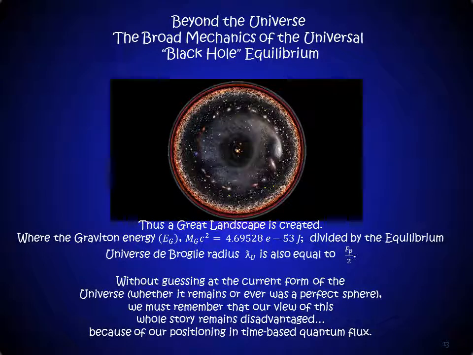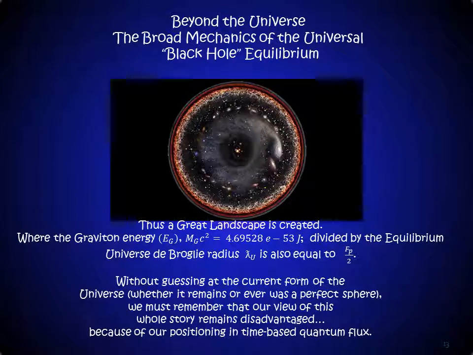Thus, a great landscape is created within the greater event horizon. We note that the graviton energy divided by the equilibrium universe de Broglie radius is also equal to the Planck force divided by 2, which is necessary for the Einsteinian gravitational field mechanics.